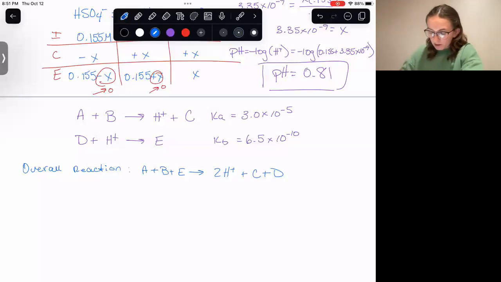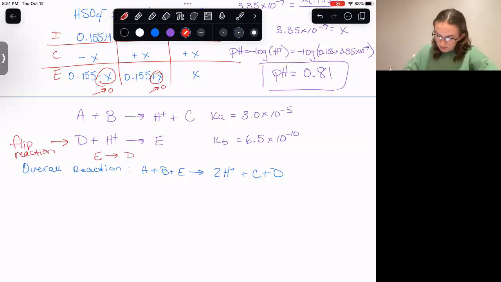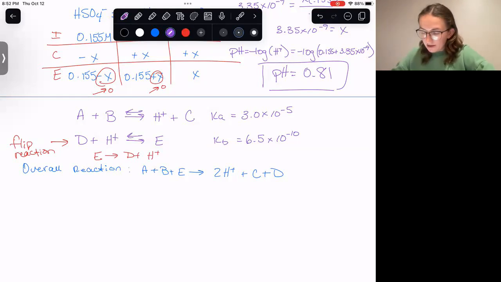So we know that we need to flip this reaction because we need to make this E goes to D plus H plus. And if we're flipping the equilibrium, right, these should all be in equilibrium, we're flipping the equation, that means our K would be written differently. How that's written differently is if we take Kb to the -1, which would be 6.5 times 10 to the -10 to the -1, and that would flip your reaction as well.